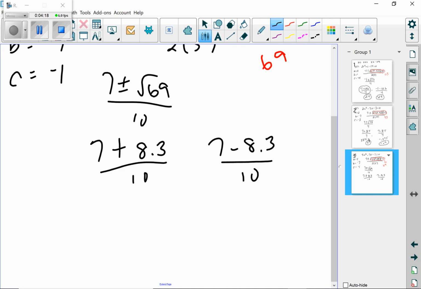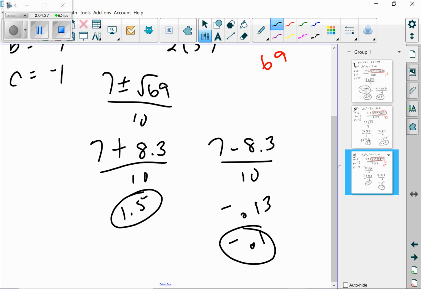That's going to round to 1.5, like 1.53, so 1.5 for this one. The other one is negative 1.3 divided by 10, which is like negative 0.13 or just negative 0.1 is what the book has. So I'll take either of those answers. If you like the extra decimal on there, you can have it.